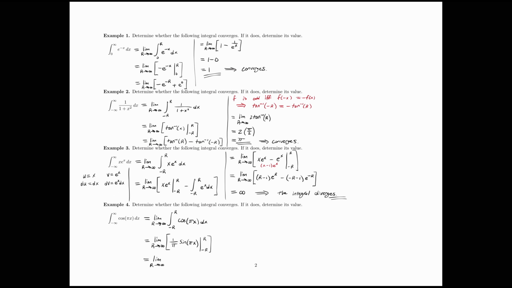So, looks like we have 1 over pi, and this would be sine of pi r minus the sine of negative pi r.